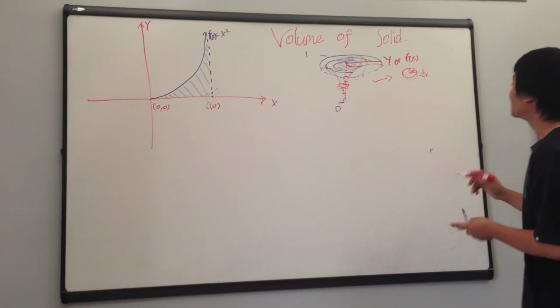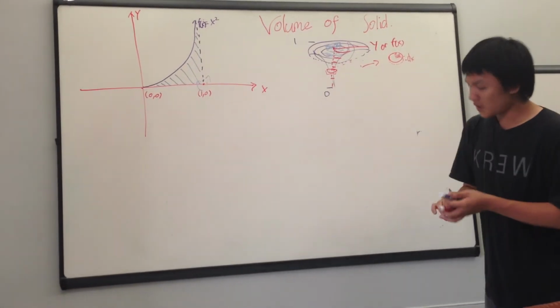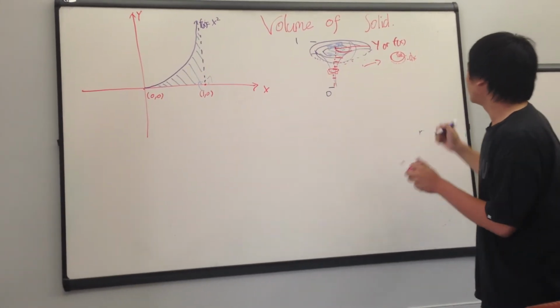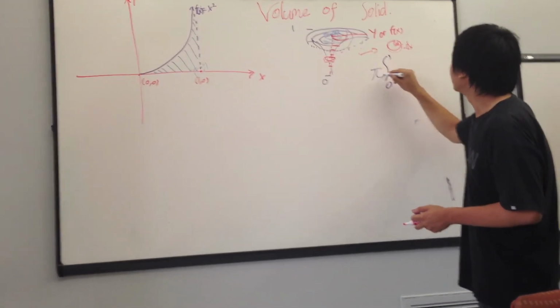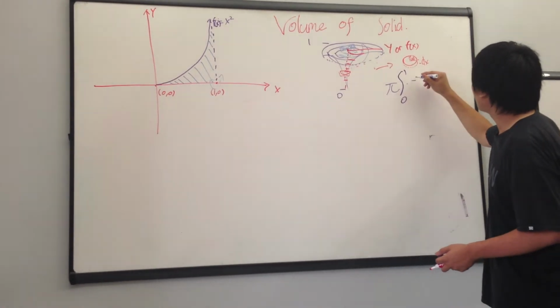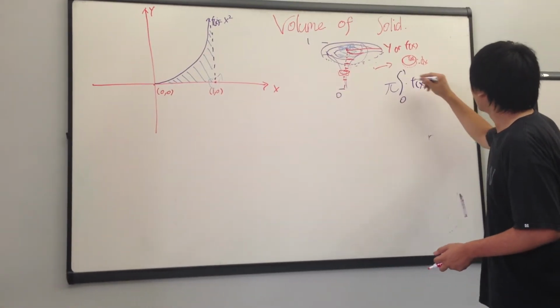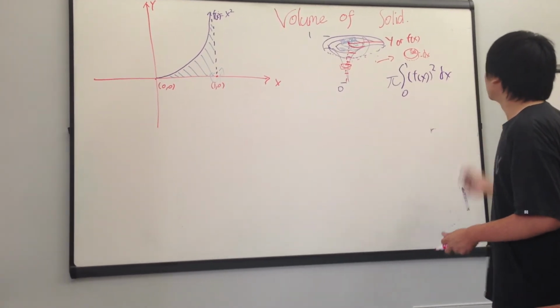It's pi r squared. What's r in this case? R in this case is just f of x. So we have the integral from 0 to 1 of pi times r squared, which is f of x squared, times the depth, dx.